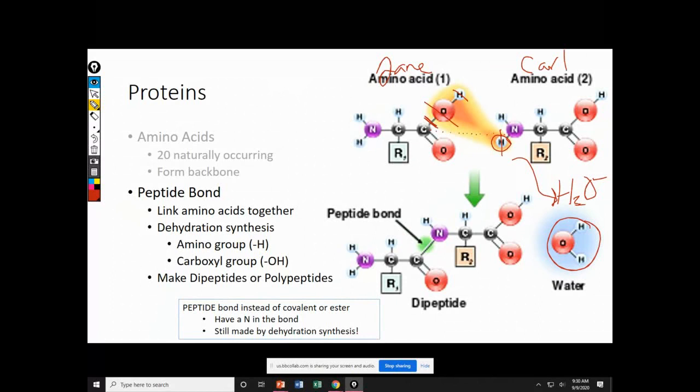But we haven't done anything we haven't done before, right? We still took out an oxygen, hydrogen, and another hydrogen. We've just done it in kind of a weird place. Okay, so there's our carbon-nitrogen bond. So we lost the hydrogen here, right? And we lost our hydroxyl group there.